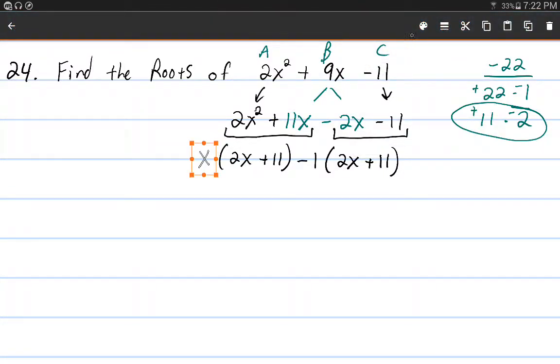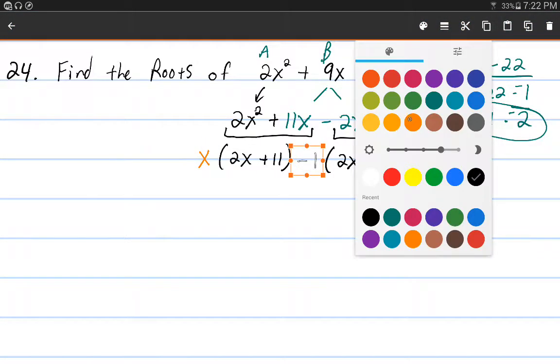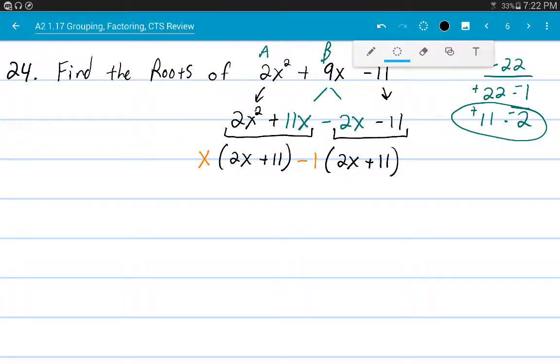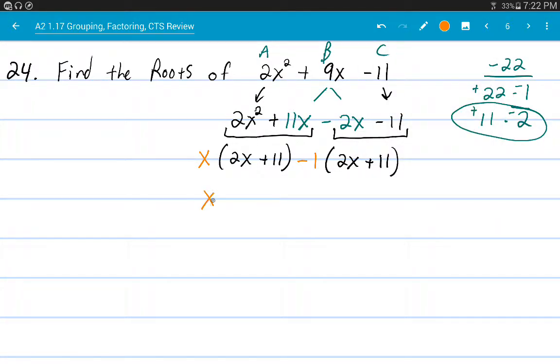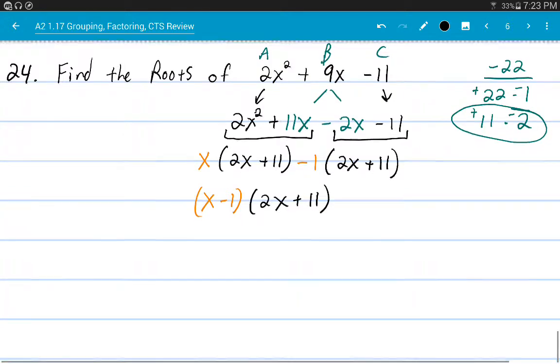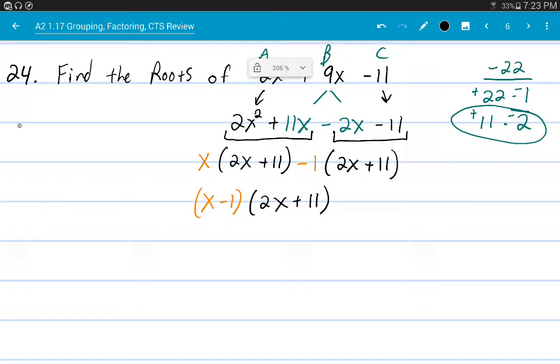Now my outside stuff can get combined into one parentheses by itself, so x minus 1. And these double 2x plus 11s can combine into one: 2x plus 11. Now that's factored completely using grouping, or as we like to call it, a times c factoring.